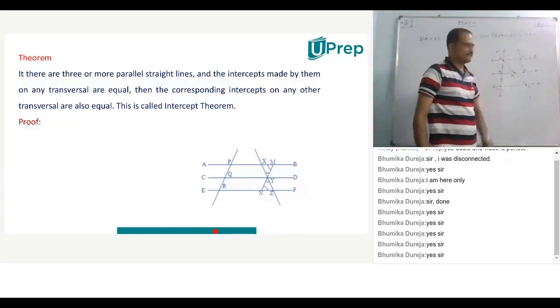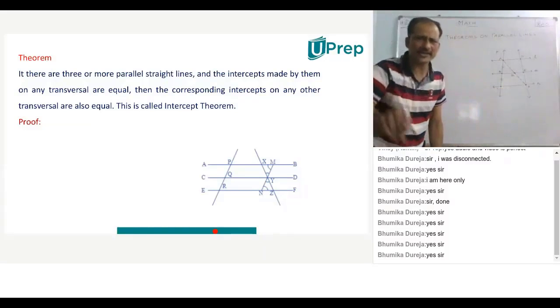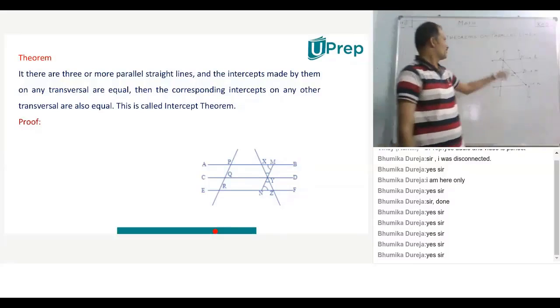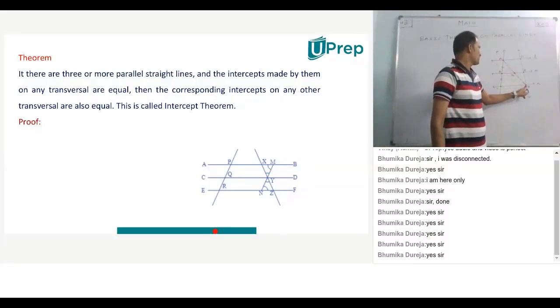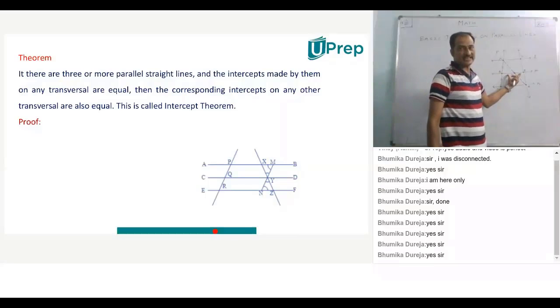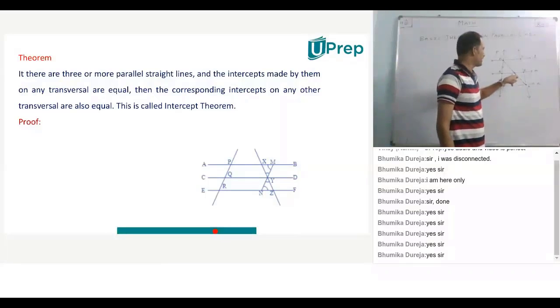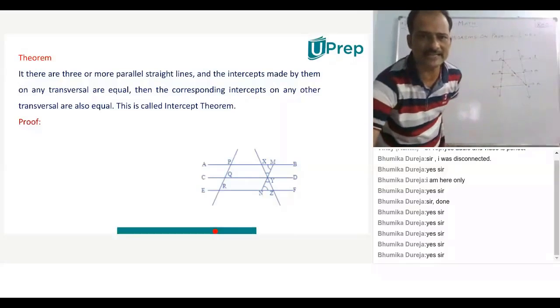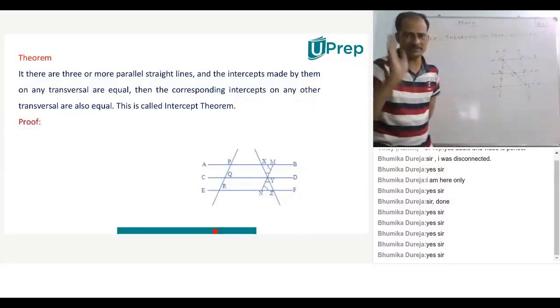Draw AF, or join AF, intersecting BE at a point G.